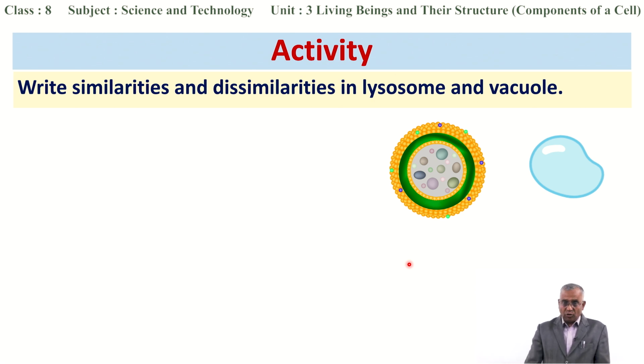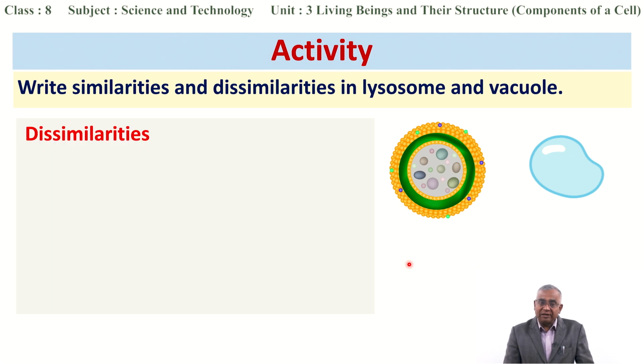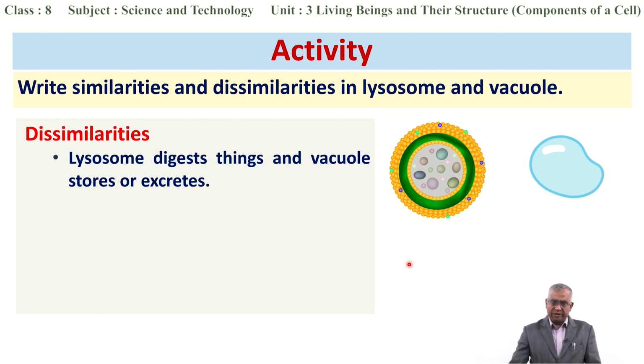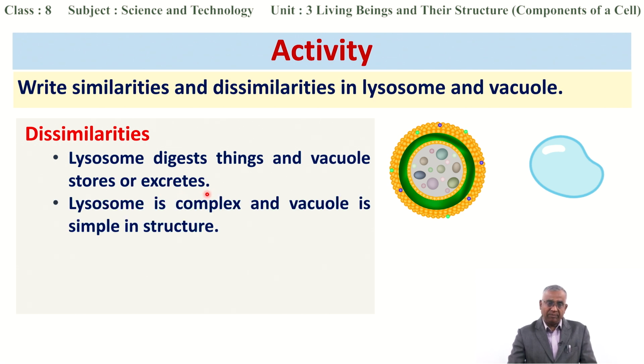Yes. So now, what may be the dissimilarities? Just try. Dissimilarities means differences. How do they differ from each other? Okay. Have you written? Lysosome digests things and vacuole stores or excretes. Yes, on the basis of function you can differentiate them. Lysosome is complex and vacuole is simple in structure.